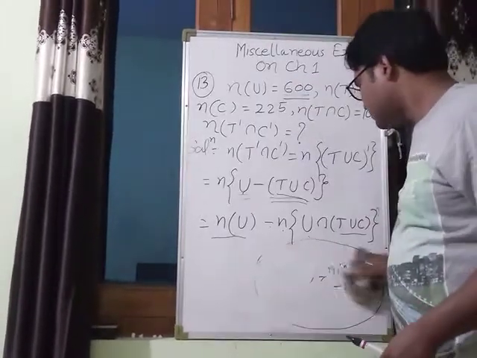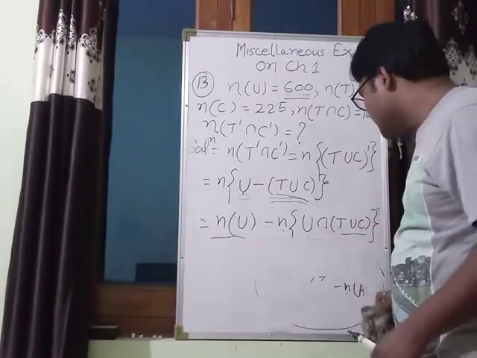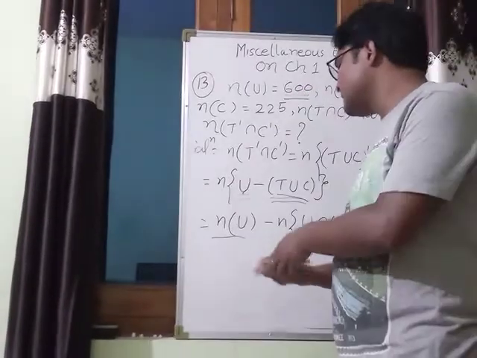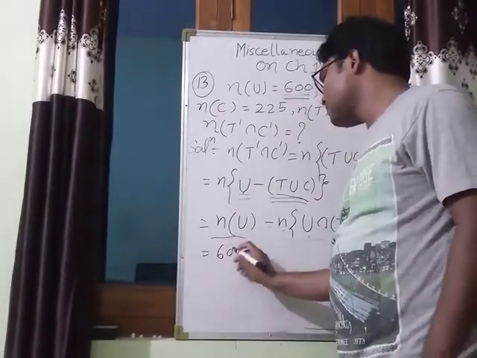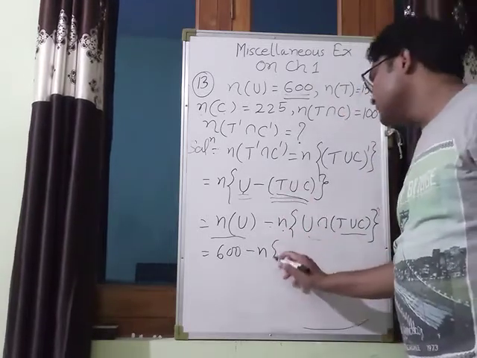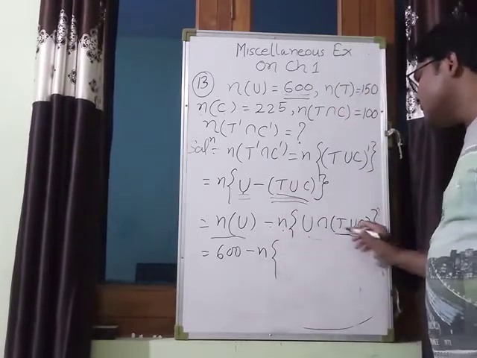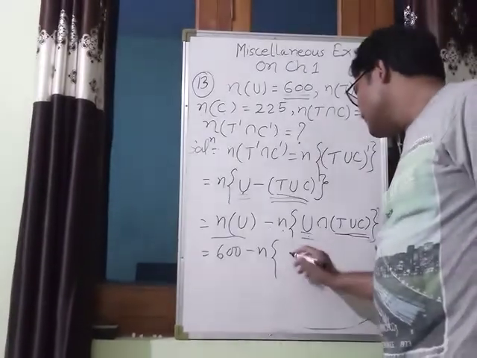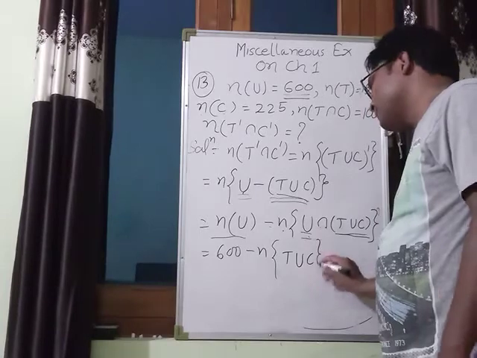Now the number of elements in the universal set, you can see, is 600. Okay. Minus this one. See, this is T union C and this is the intersection with the universal set, so it will be T union C. Why?